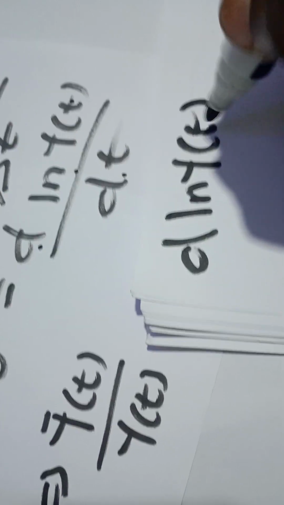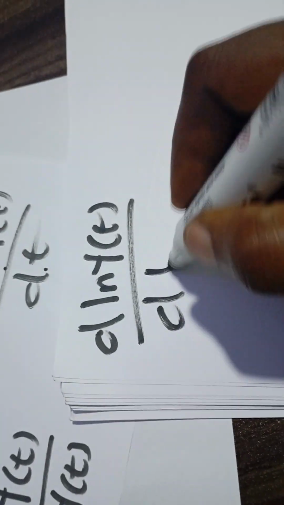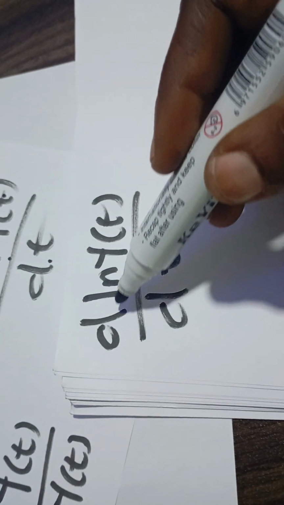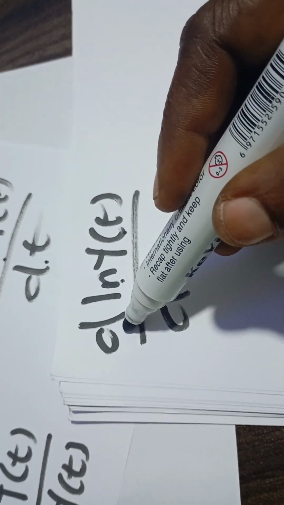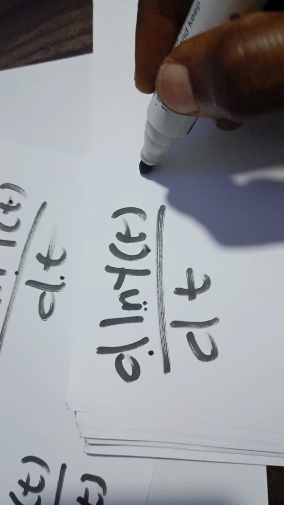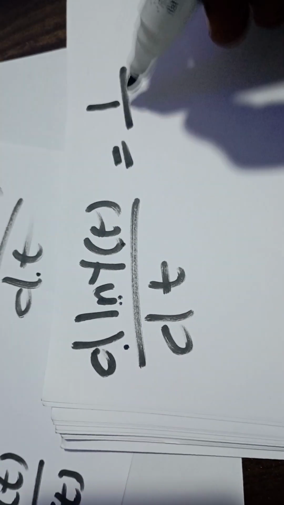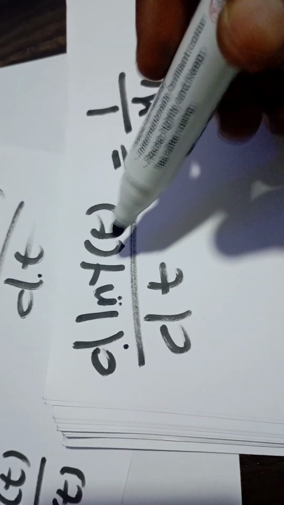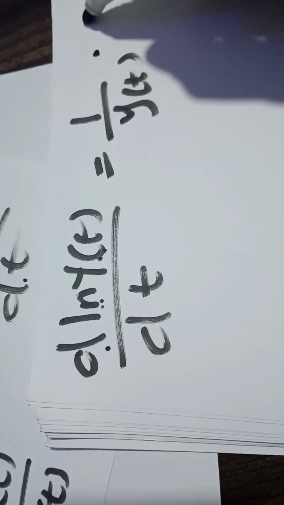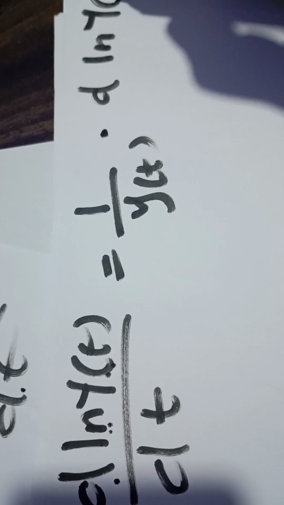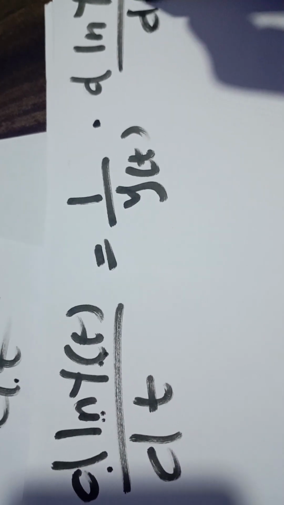So this is what we have with respect to t. Now, whenever you differentiate the ln of a number, that is when you differentiate the log of a number, it is going to be the inverse of that variable. And what is the inverse of that variable? In this case it is y(t). Now, the differential of the ln of y(t) with respect to t gives me 1 over y(t), and this differential is differentiating what? y.